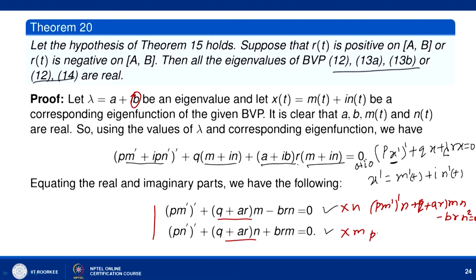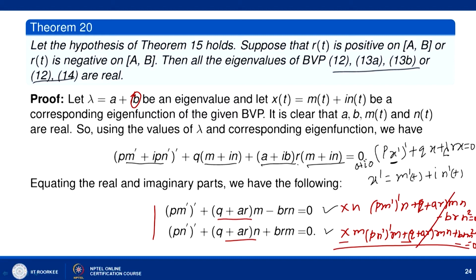Similarly, the second equation is Pn dash whole dash m plus q plus ar multiplied by mn plus br m square equal to 0. When you subtract these two, minus minus minus, so this will cancel out.